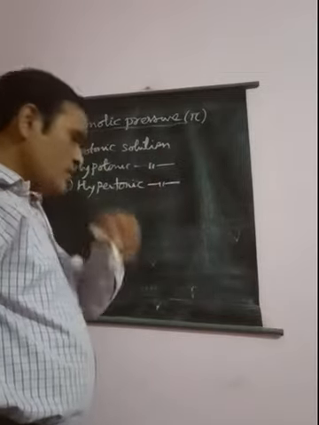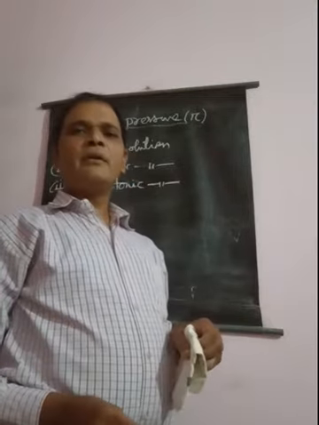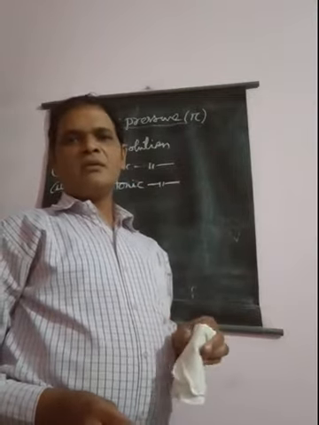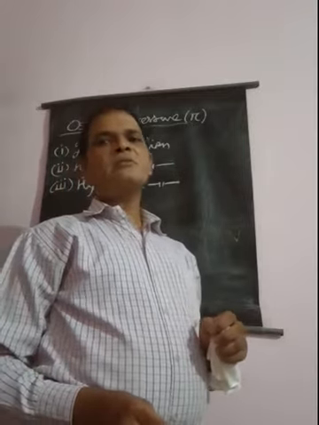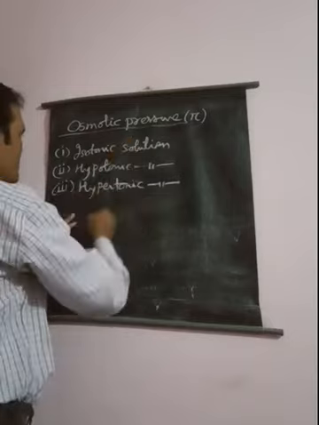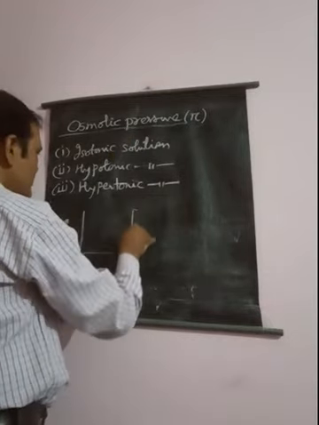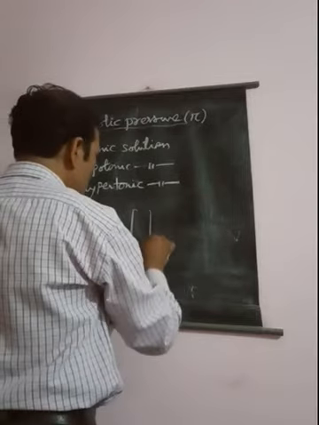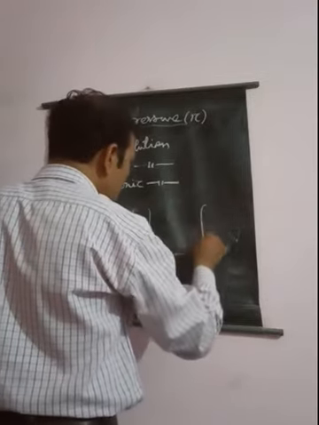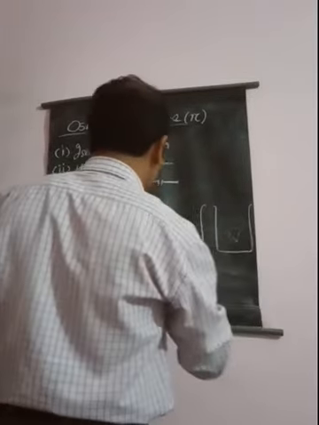The solution of NaCl of concentration 0.9% mass by mass is known as isotonic solution. For understanding all these types of solution, we will take three containers in which we will put solutions of NaCl of different concentration.